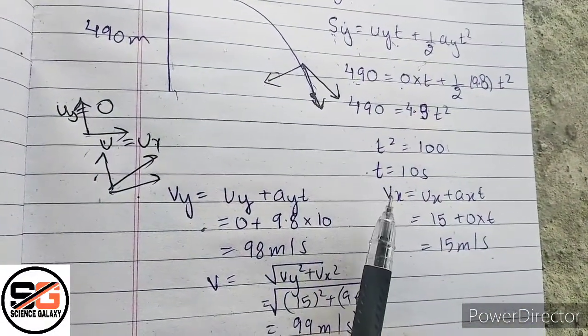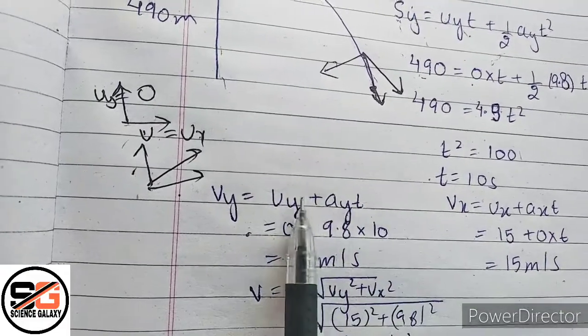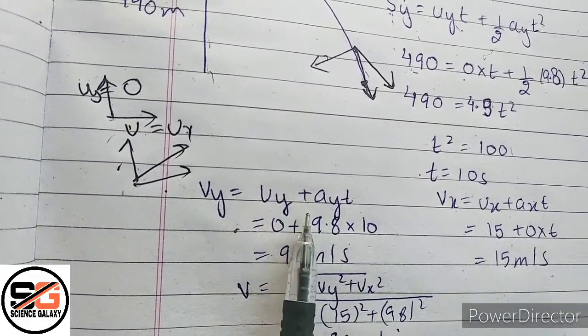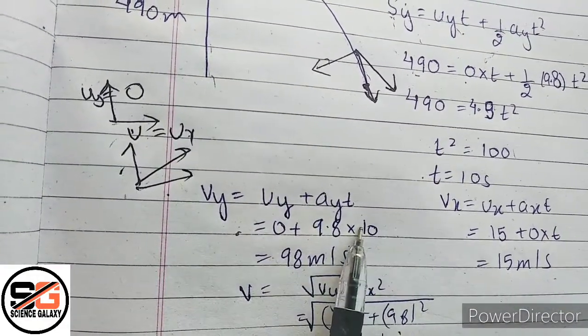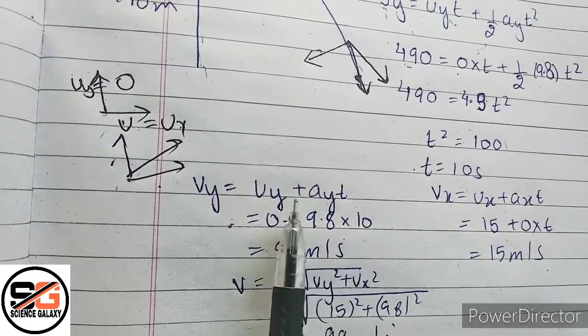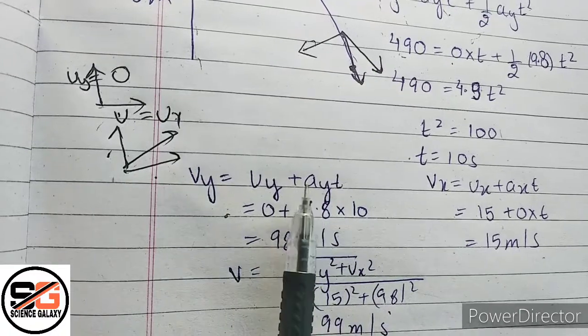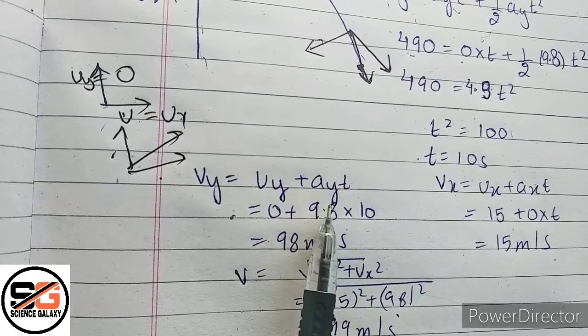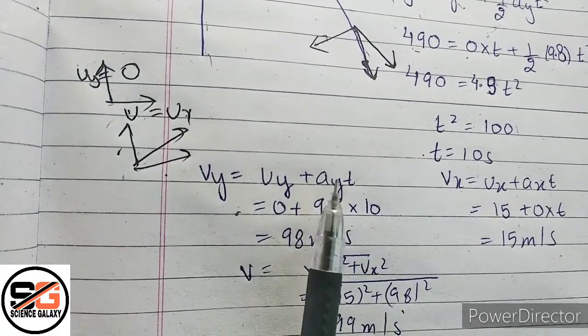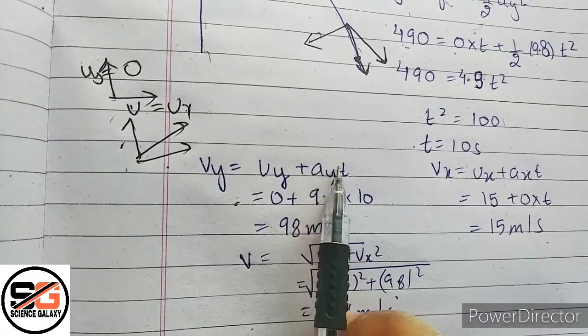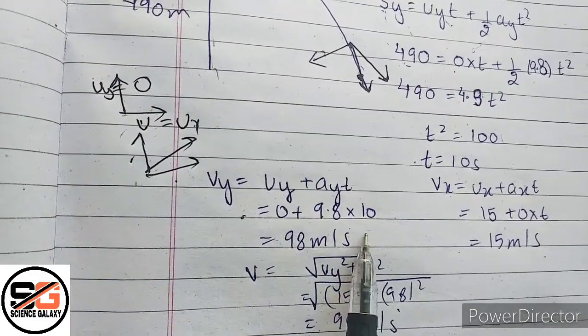So we need to find Vx as well as Vy. Vy would be equal to uy plus ay into t, where uy is equal to 0, and acceleration in the vertical direction was 9.8 into time. Time we have already calculated to be 10 seconds.